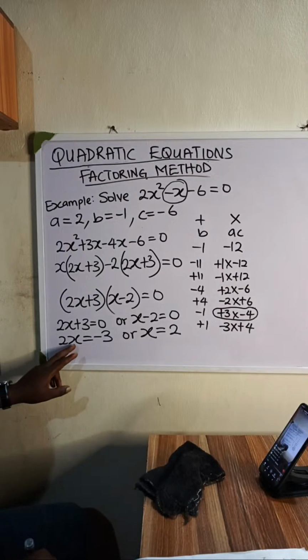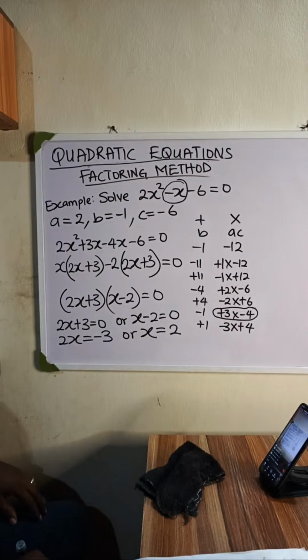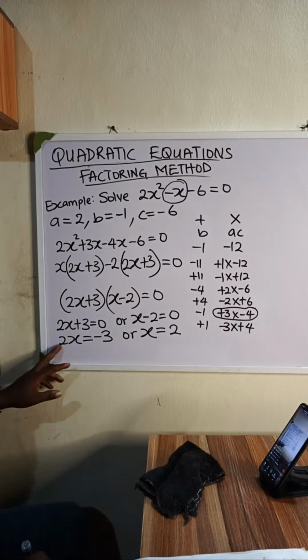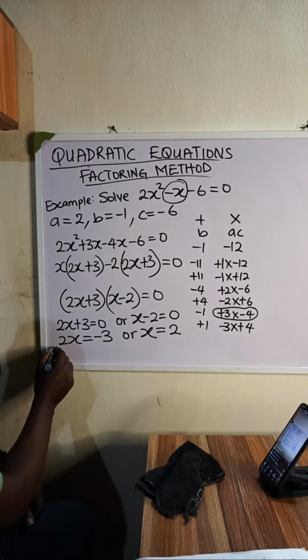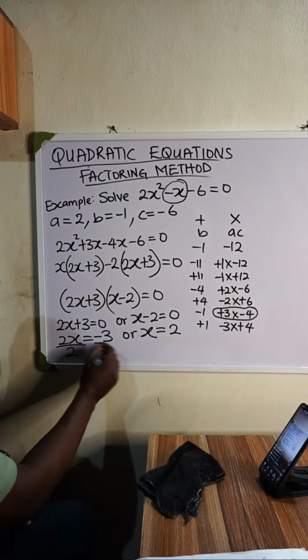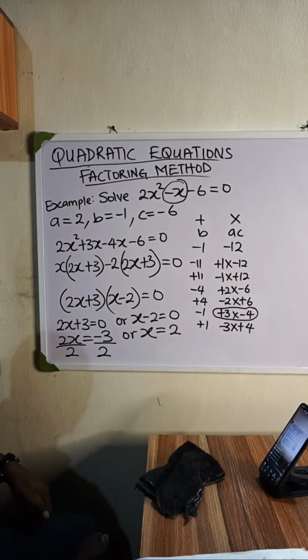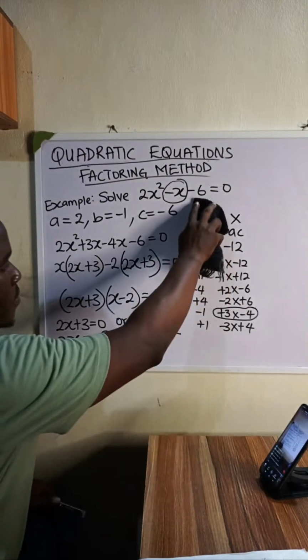But over here, we need to solve further by dividing both sides by 2. So we divide here by 2. We divide here by 2. So let me wipe here off.